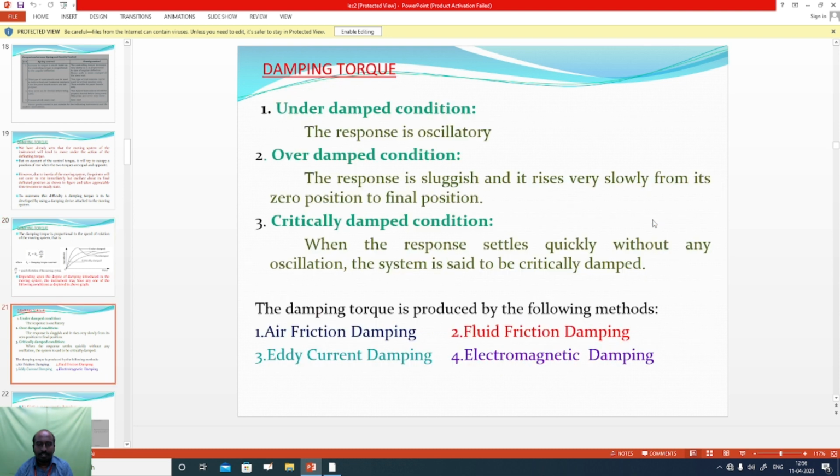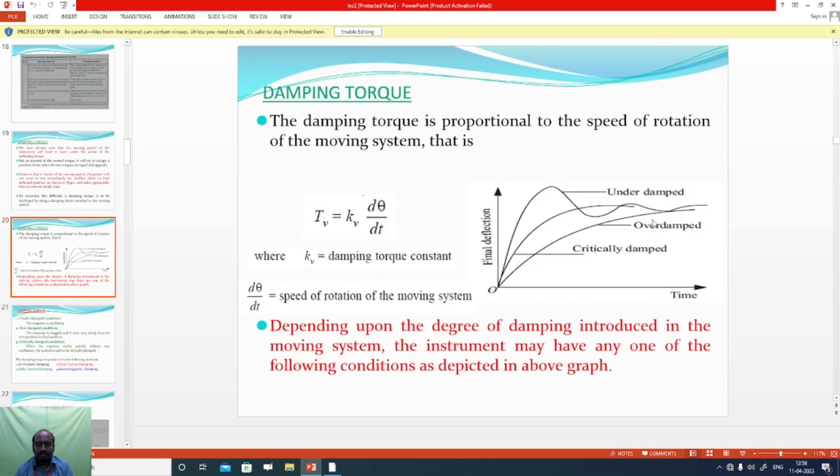In the critically damped condition, the response settles quickly without any oscillation. Here we can see the critically damped graph is in the middle. So in the underdamped condition, the response is oscillatory. In the overdamped condition, the response is sluggish, while in the critically damped condition, the response is a quick, settling response.